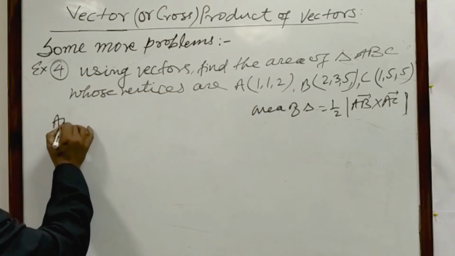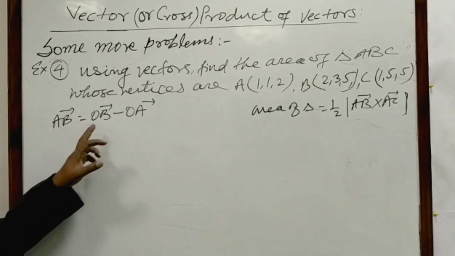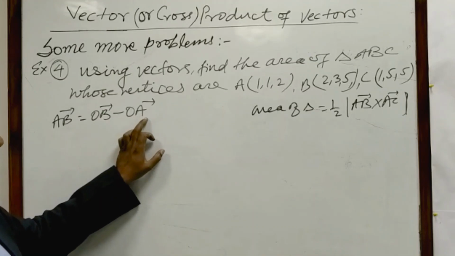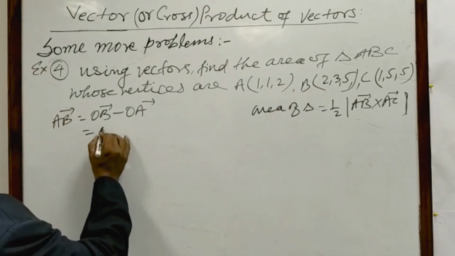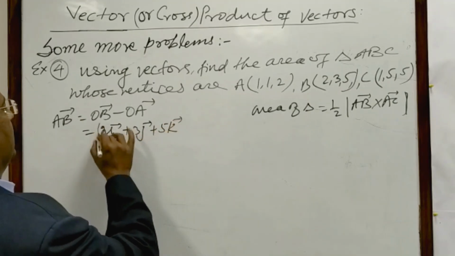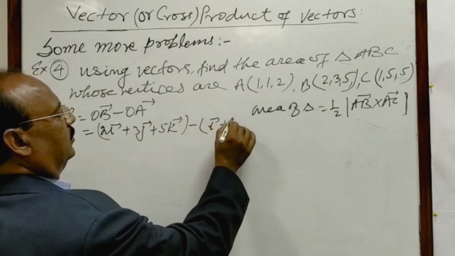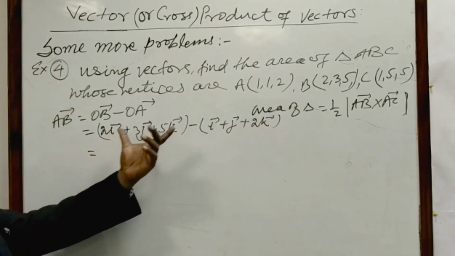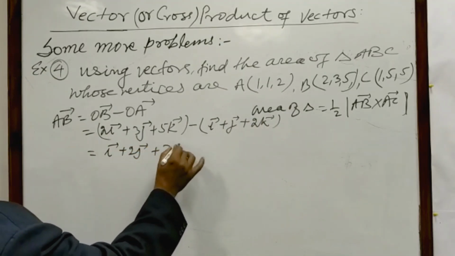We can get AB which is equal to OB minus OA. Here OB and OA are position vectors of points B and A respectively. So OB will be 2i plus 3j plus 5k minus OA, that is i plus j plus 2k. Simplifying it, this is i plus 2j plus 3k.